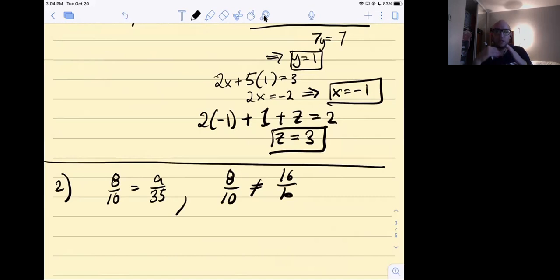If you remember, the first equation captures the idea that they have the same slope. The second equation is the idea that they have different intercepts. So you don't want them to be in the same proportion. Okay, any other questions?